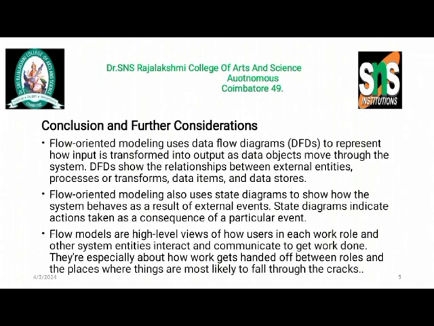In the data flow diagram, that is the DFD, flow-oriented modeling uses various DFDs to represent how the input is transformed into output as data objects move through the system. The DFD shows the relationship between external entities, processes or transforms, data items and data stores.